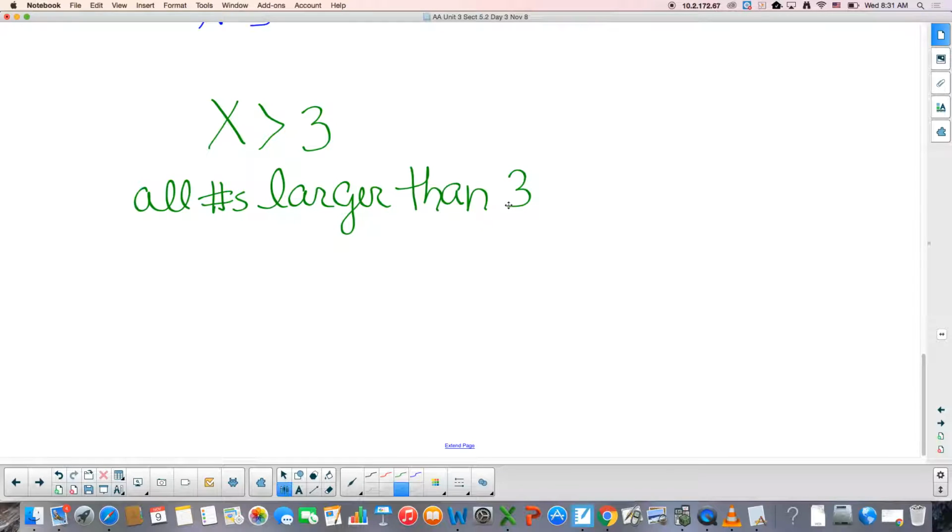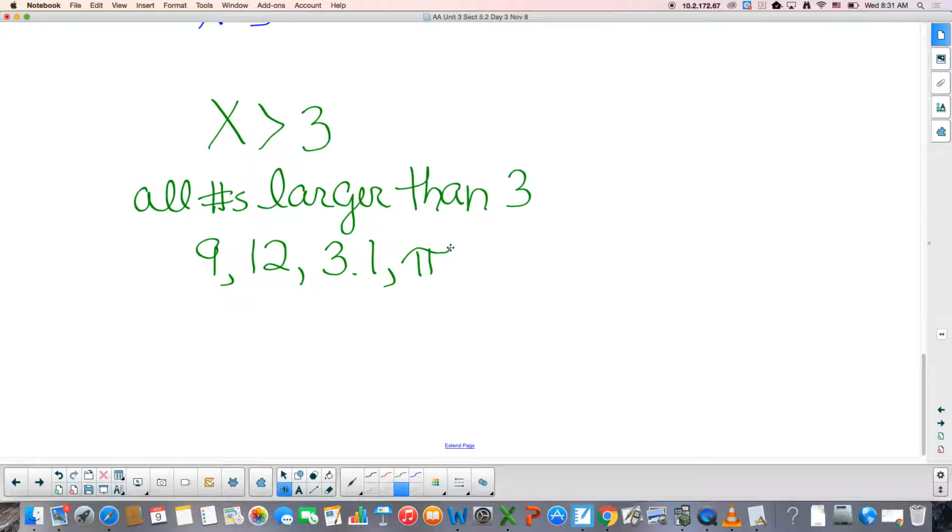Give me one number that's bigger than 3. 9. More. 12. 3.1. 3.1, which you're really close to, because what's my favorite number? Because we have pi on pi day, right? Pi. Okay, can I list them all? No. So what do we do? We draw a picture.